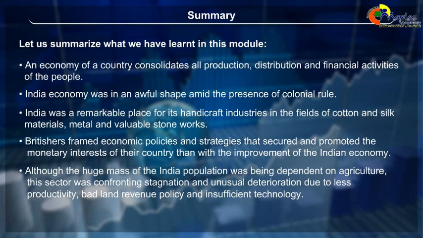Although the huge mass of the Indian population was dependent on agriculture, this sector was confronting stagnation and unusual deterioration due to low productivity, bad land revenue policy, and insufficient technology.